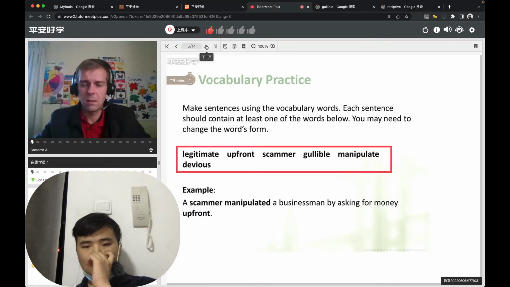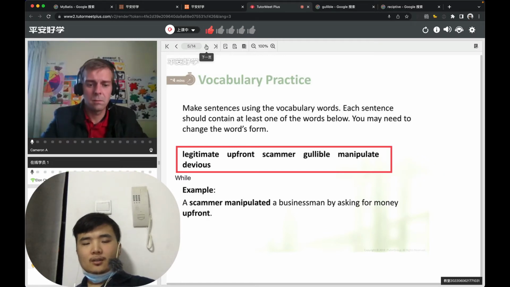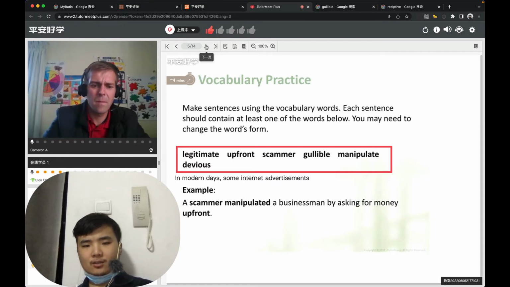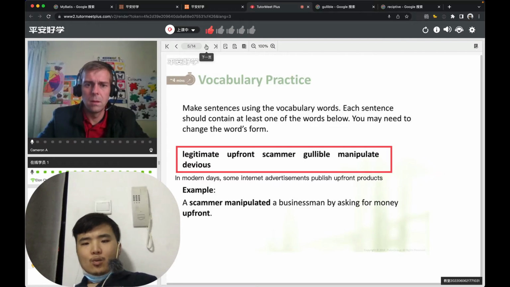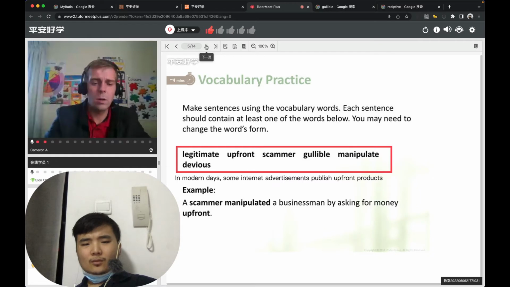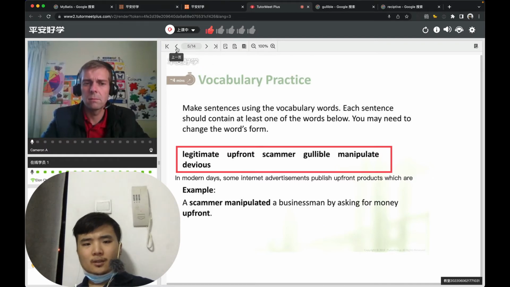Okay, well, in modern days, some internet advertisements publish some upfront products which are devious.